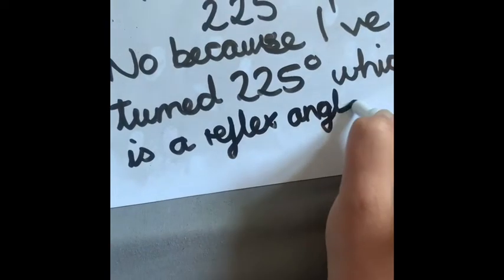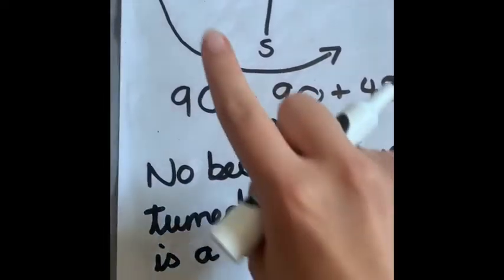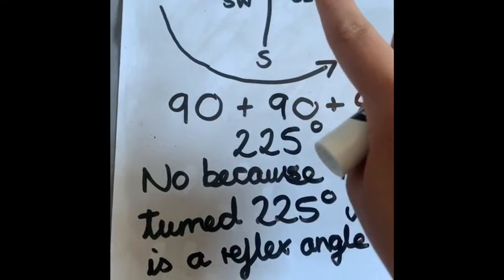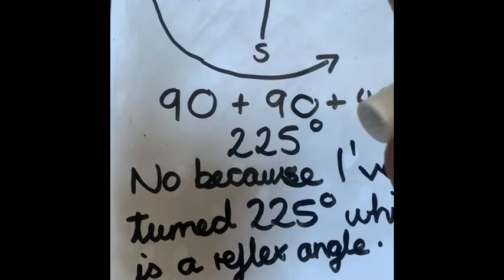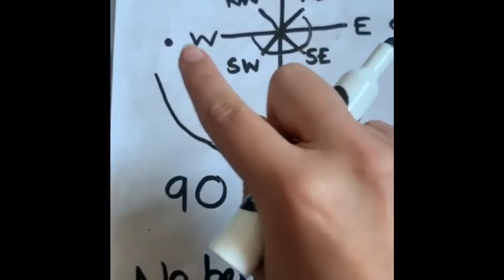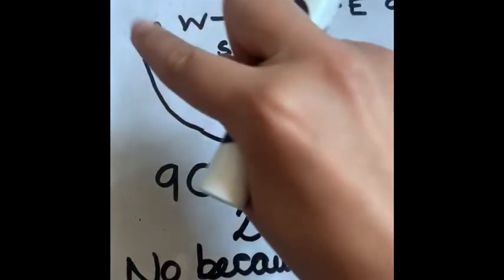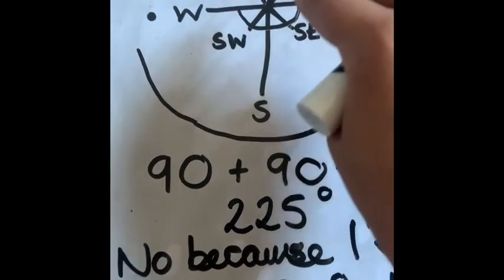So I'm applying all of that language and the terminology that we've been working on. West to northeast is not obtuse, because I've gone anti-clockwise. Whereas if I went clockwise, so I went west to northeast this way, that would be an obtuse angle.